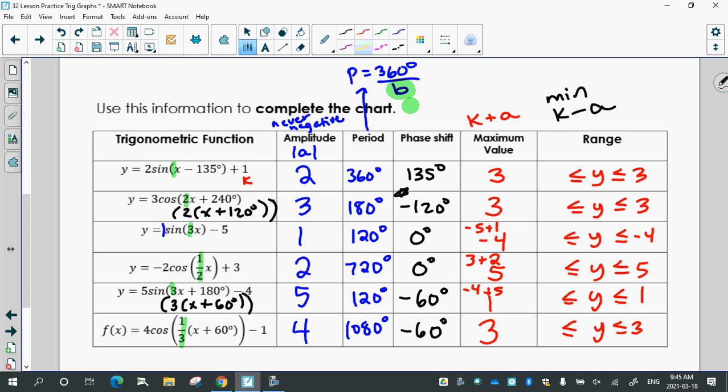So my K value is 1, minus A is 1 minus 2 is negative 1, so that should be my range, negative 1 to 3. Zero is my K, 0 minus 3 is negative 3, so my range should be negative 3 to 3.